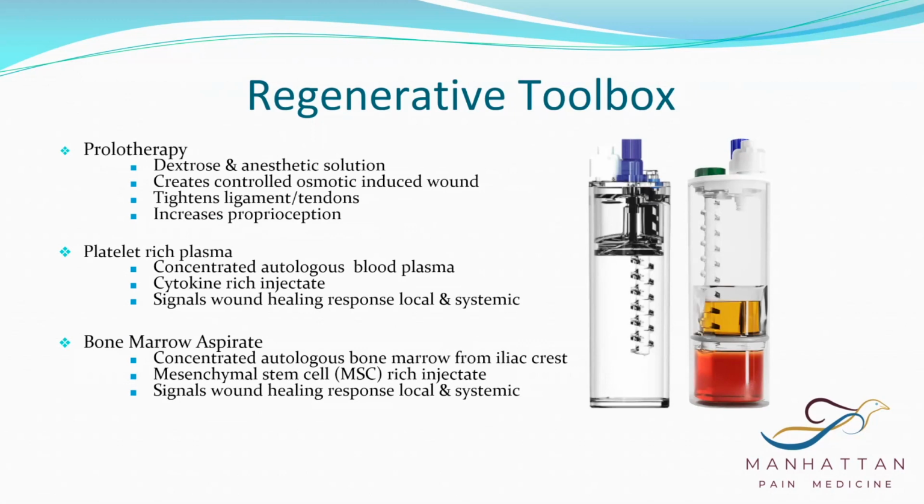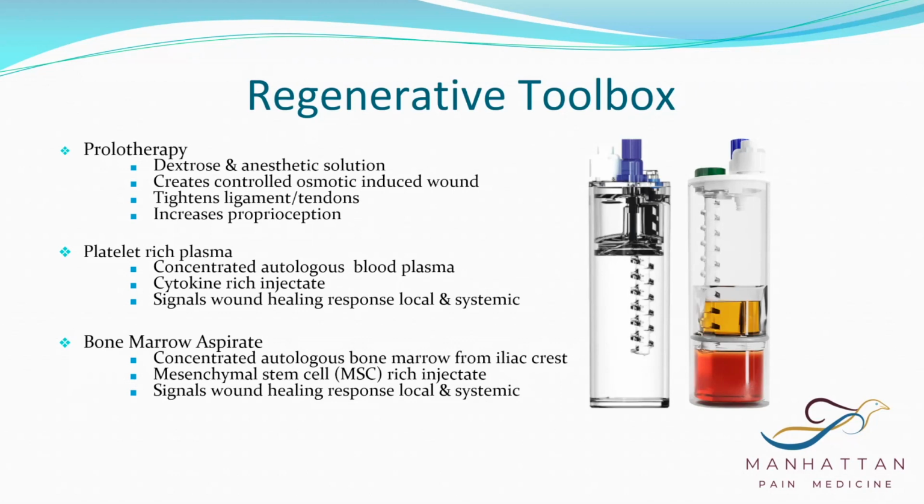So prolotherapy is really our workhorse of the injectates, and that's simply dextrose, which is sugar, and an anesthetic, such as lidocaine, injected in a joint, tendon, or ligament. What this solution does is create what's called a controlled osmotic-induced wound.